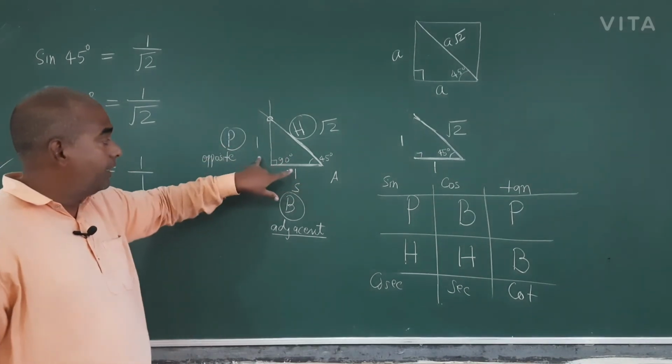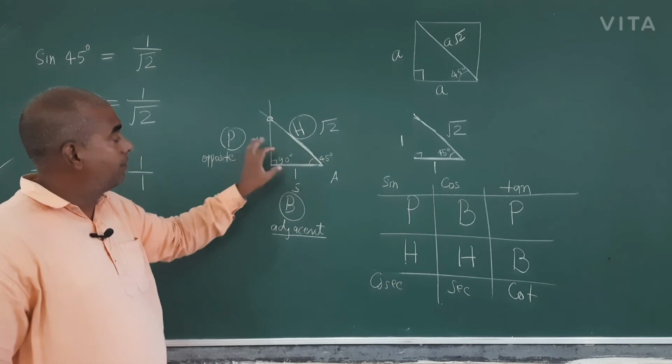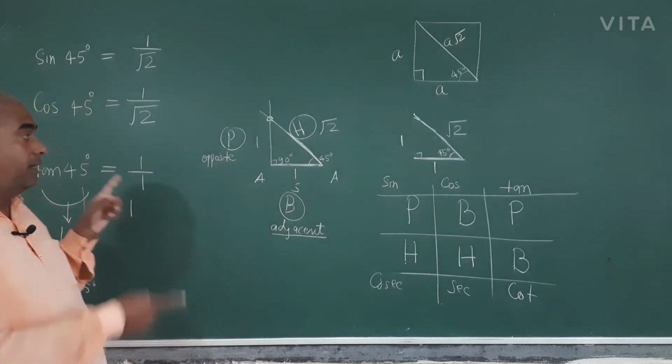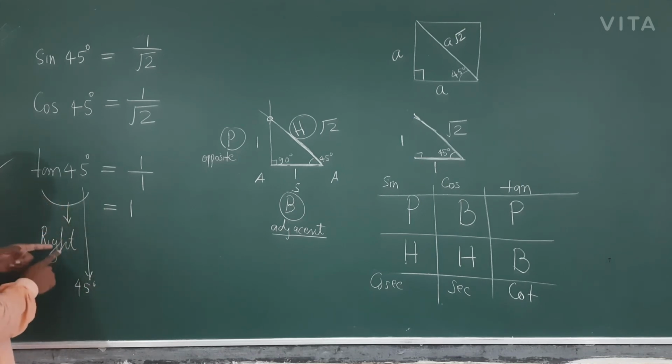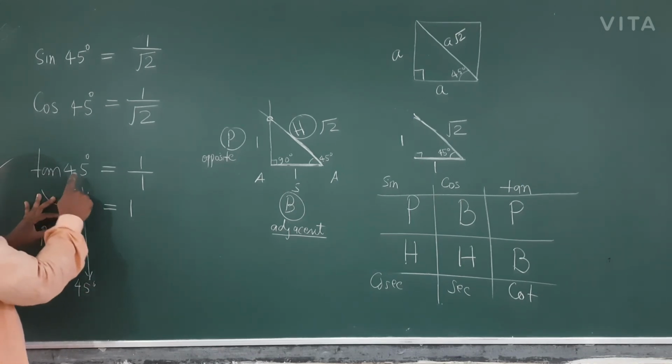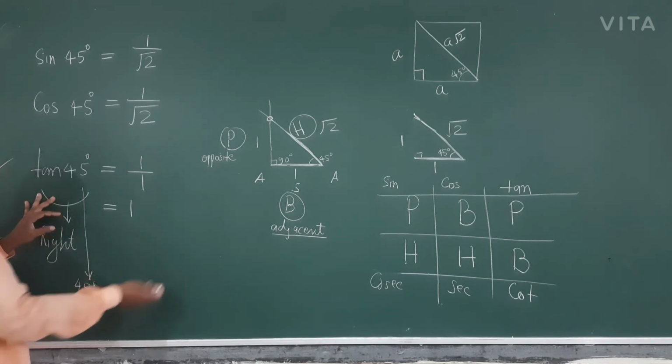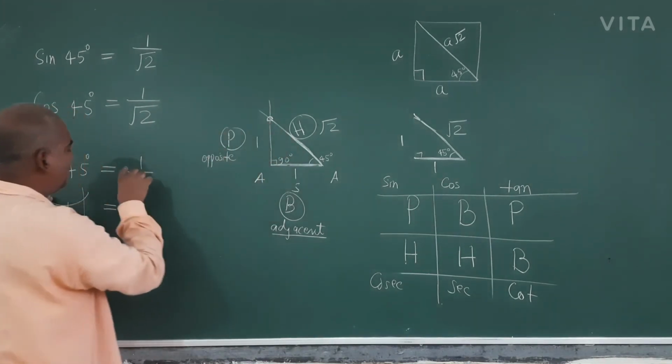In a triangle, if the angles are equal, the opposite sides become equal. So it is written in this compact form: in a right angle triangle, tan 45 means the sides will be equal.